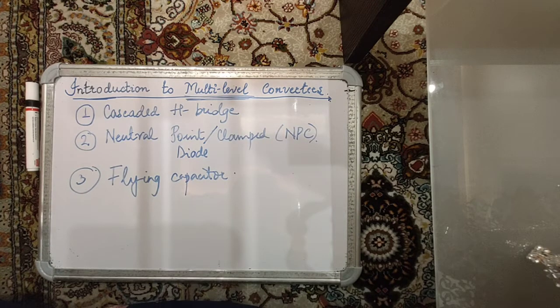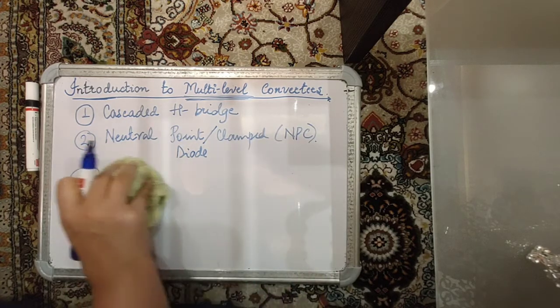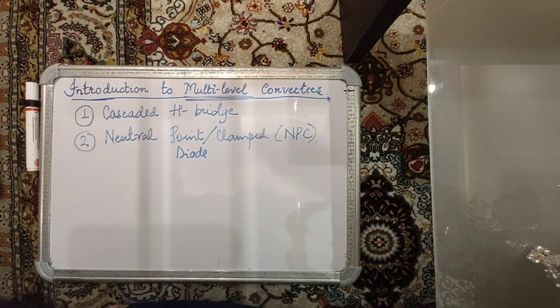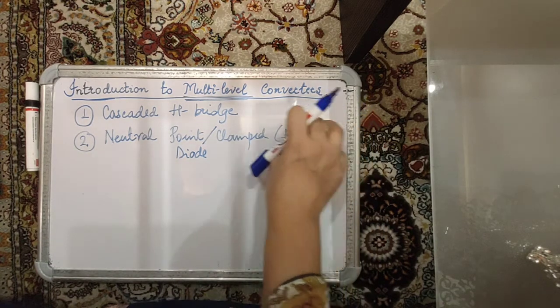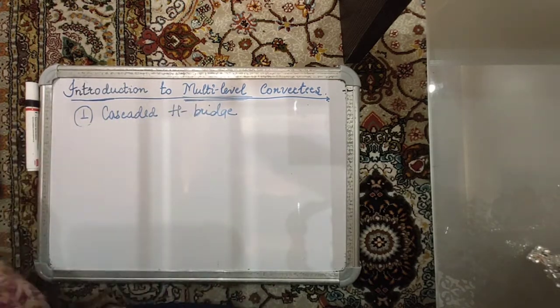So it makes miniaturizing the circuits very difficult if you're using a lot of capacitors. So the flying capacitor circuit we are not going to discuss, but yes, we'll discuss the cascaded H bridge and neutral point converter, which we will eventually also study with space vector modulation. So let's talk about the cascaded H bridge.